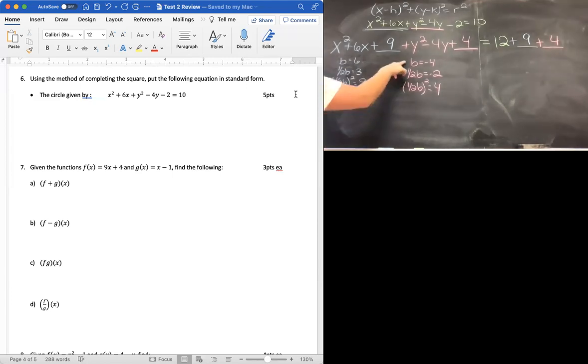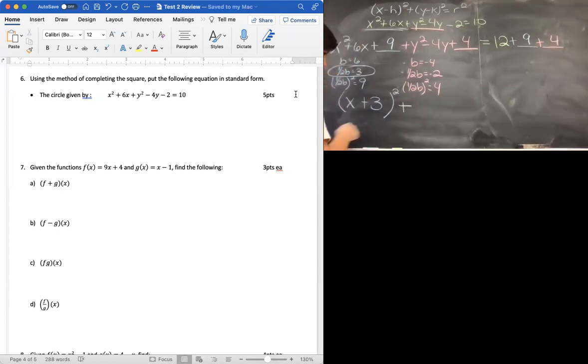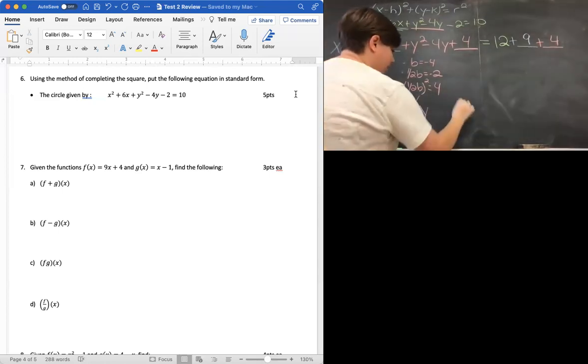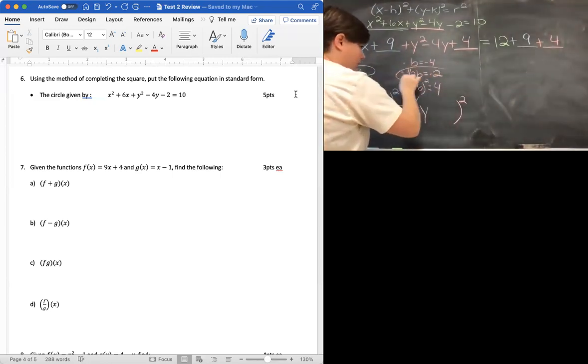The reason I list these out is because when I come to factoring, I have an x, and then this 1/2 b is what goes inside there. So it's x plus 3 quantity squared. Then I have the plus, and then my y, and what goes in there?